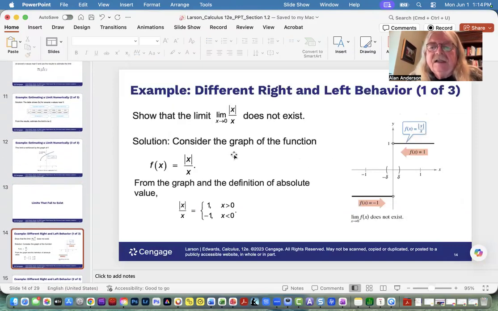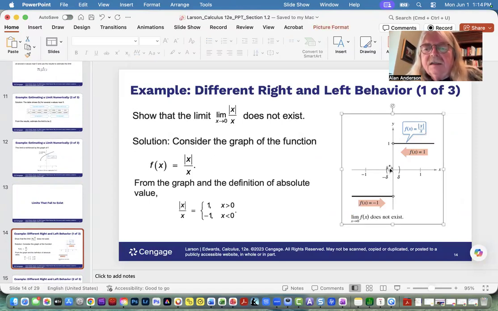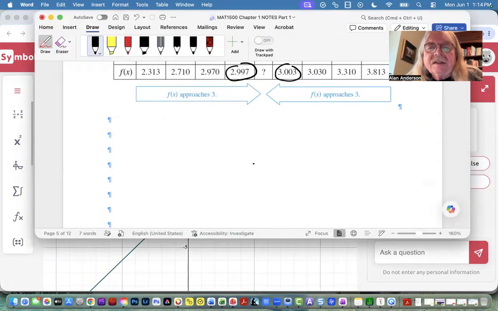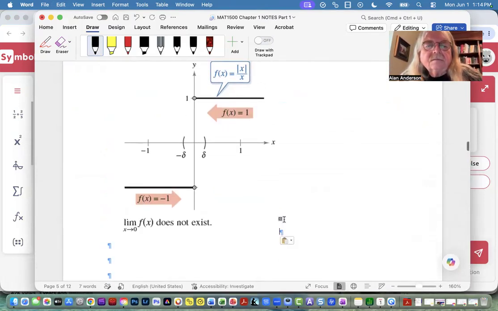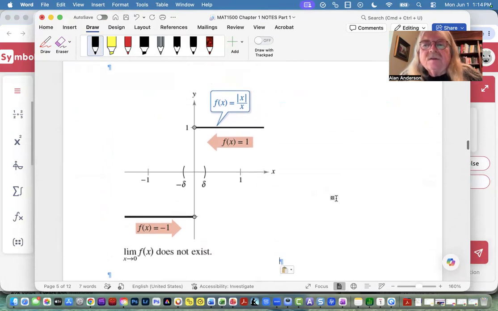Now here's an example that I was just referring to. If you look at this graph, you can see here the limit doesn't exist because it is different coming from the left and the right. So this is one of those bizarre step functions. Here, coming from the left, you can see we're getting awfully close.